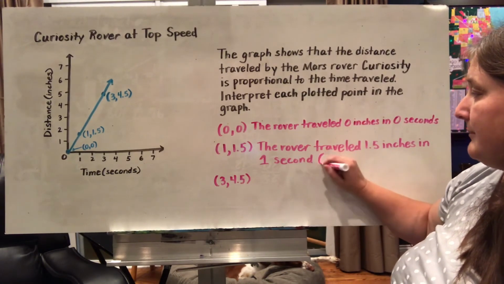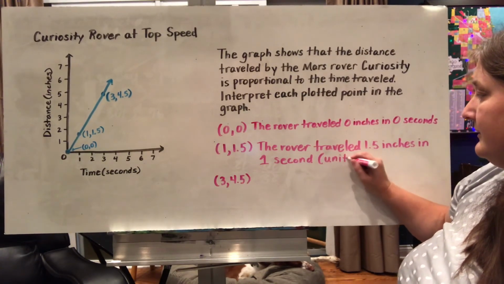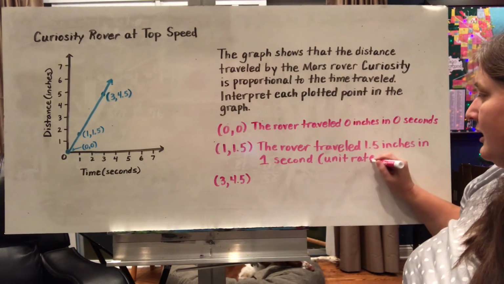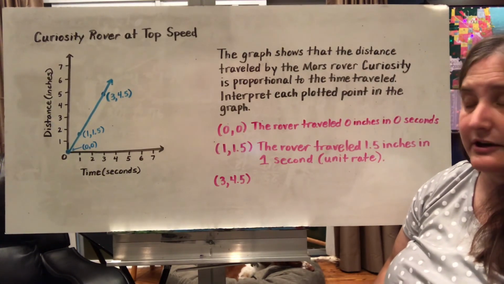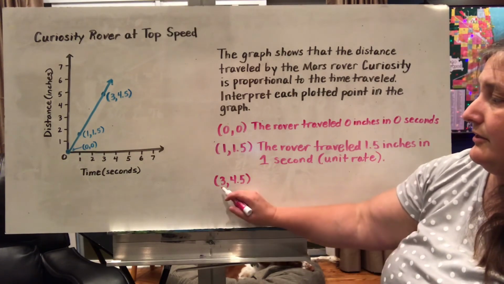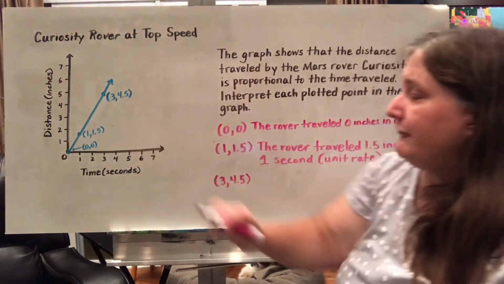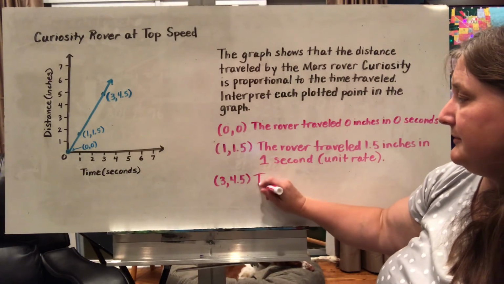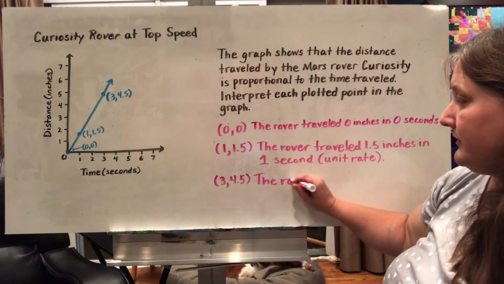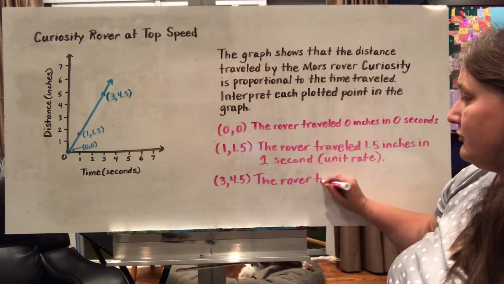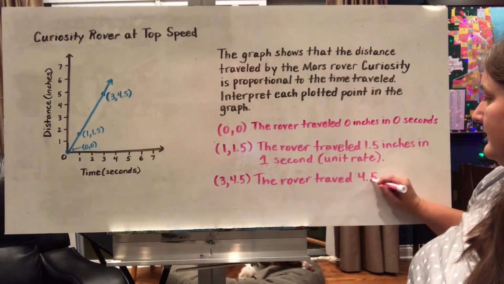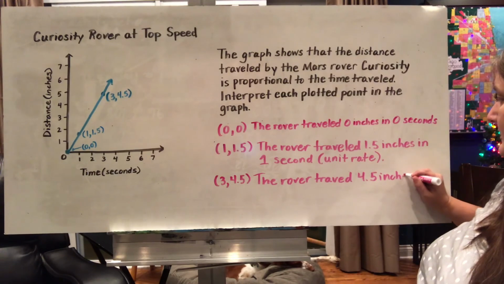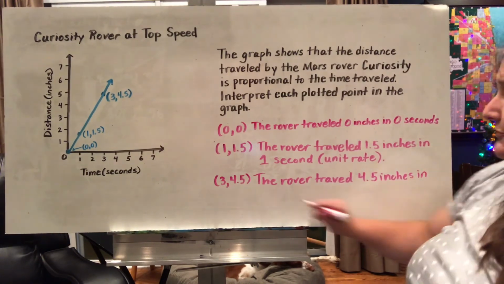This also happens to be my unit rate. The rover can go 1.5 inches every single second that it's traveling. This point, 3, 4.5, means that the rover traveled 4.5 inches in 3 seconds.